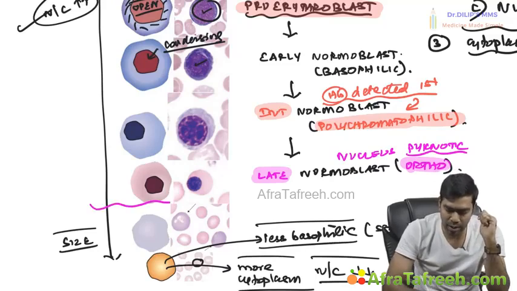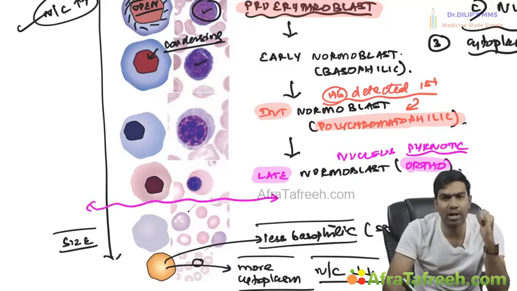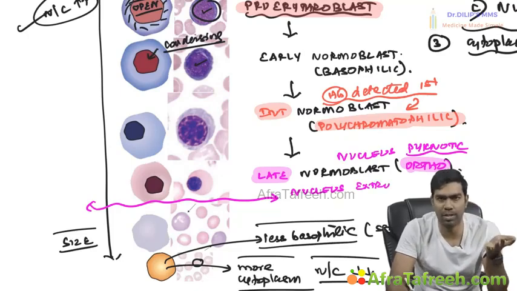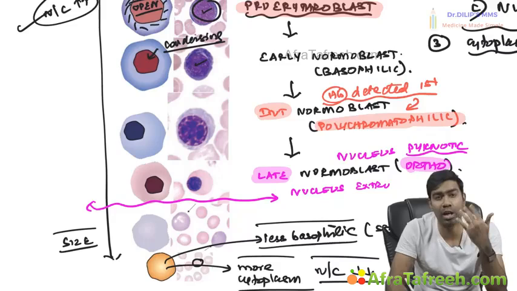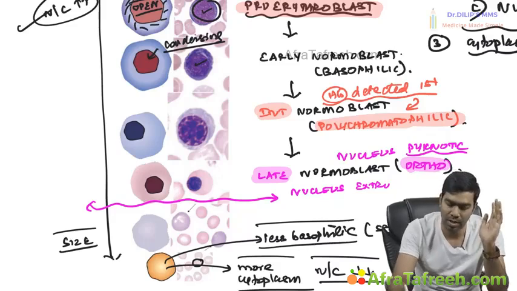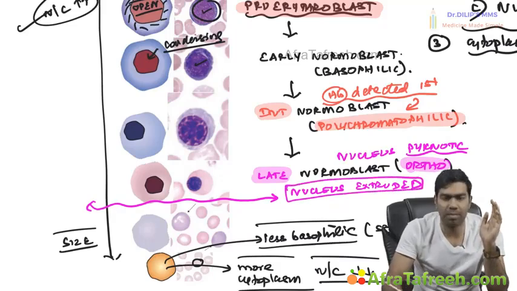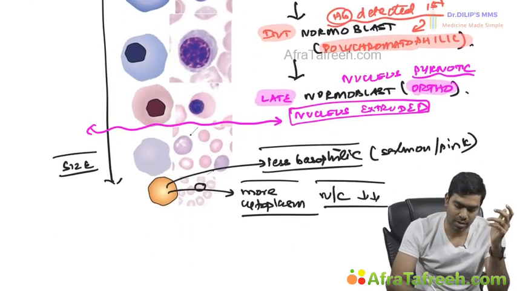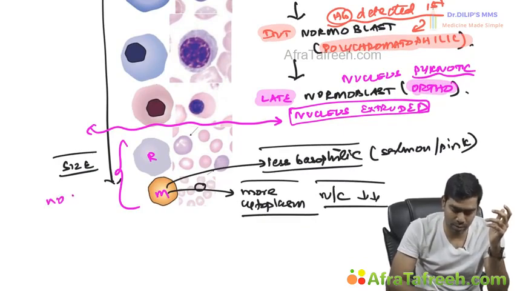And one more interesting point is that at the end of the late normoblast stage, your nucleus will become completely extruded. The nucleus becomes pyknotic during the late normoblast stage. As it progresses, at the end of the late normoblast stage, the nucleus will become completely extruded from the cell, which means the cell will be without nucleus in the subsequent generations. So in the reticulocyte and the mature RBC, there is no nucleus.